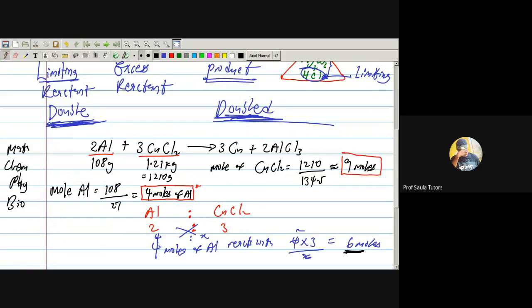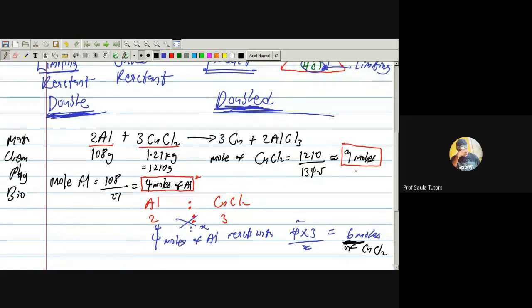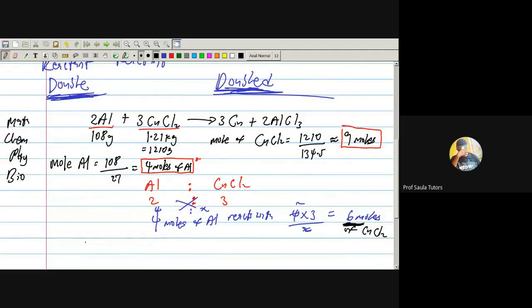How many moles of copper 2 chloride? Check here, six. But how many did they give us in the question? 9. Now let me tell you. Imagine I needed just 6, so you went to give me 9. So which one is excess? Which one is limiting?